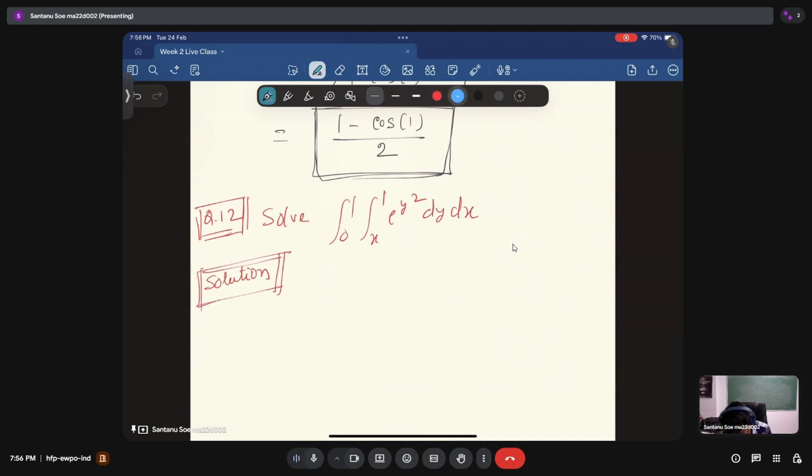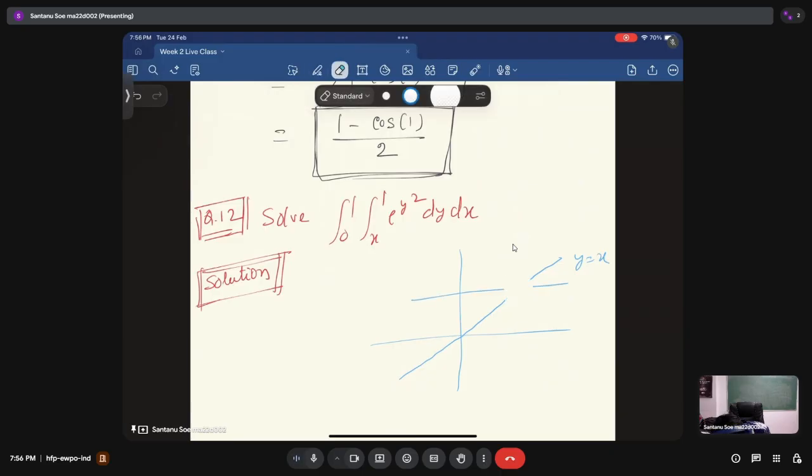So now this is also a similar question like the previous one, and this is just gonna be the same region, correct? So this is y equals to x, and this is y equals to 1, and then this is x equals to 1.